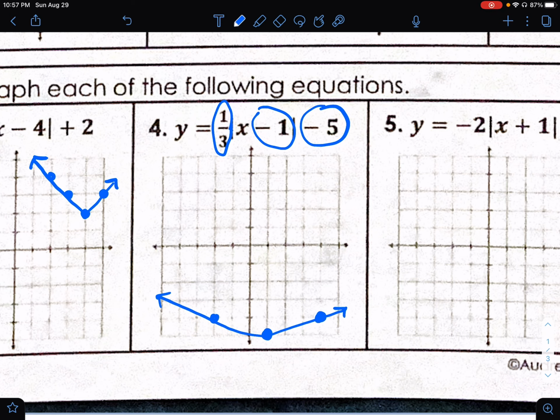And if we were going to state the transformation here, we could say that it vertically shifted down 5, it horizontally shifted to the right 1, and it vertically compressed, or you could say it vertically shrunk by a factor of 1/3.